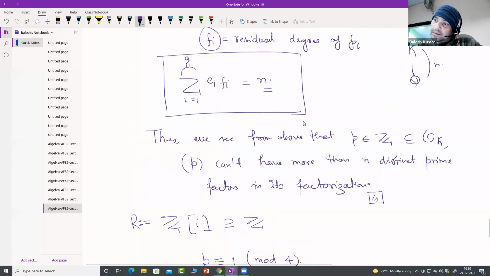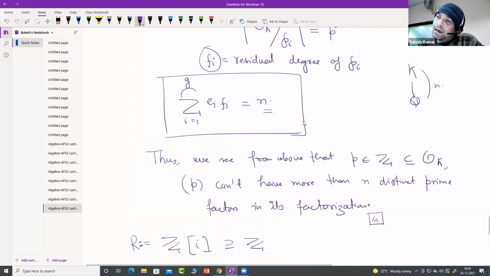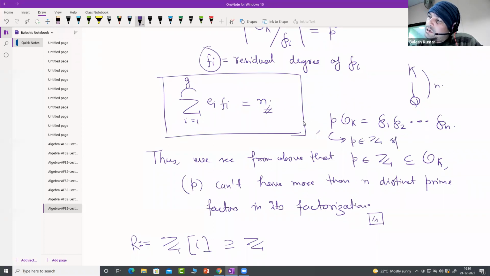However, this result says that you cannot have more than n, and it may happen that a prime p, for example, has pO_K equal to P1, P2, and so on up to Pn. In this case there is a terminology which says that this prime integer p belonging to Z splits completely in O_K. It splits completely inside the ring of integers O_K.